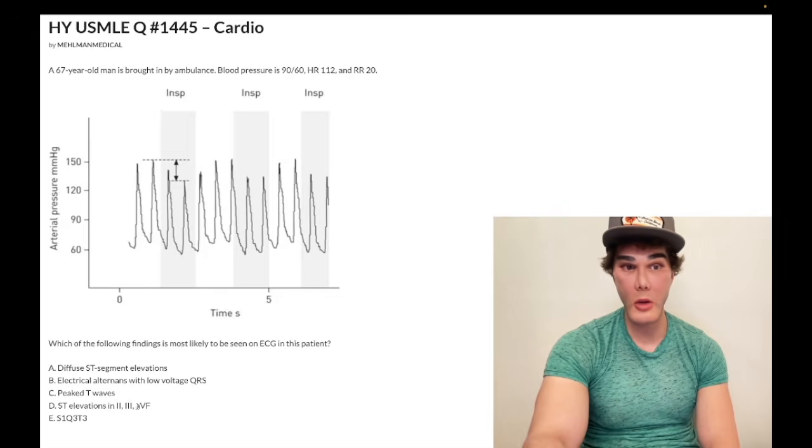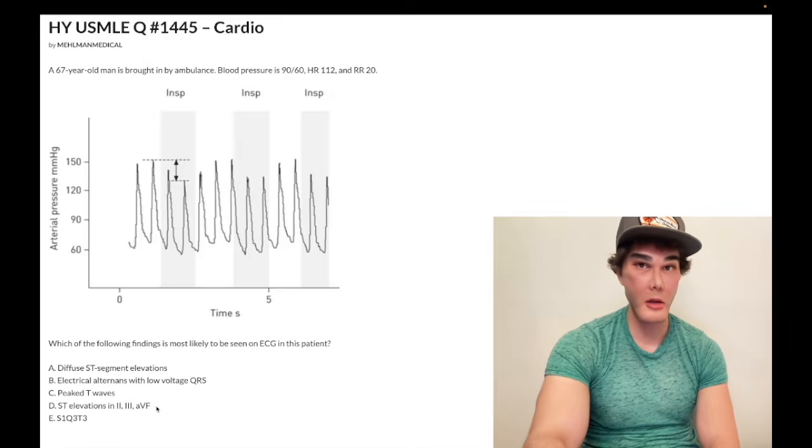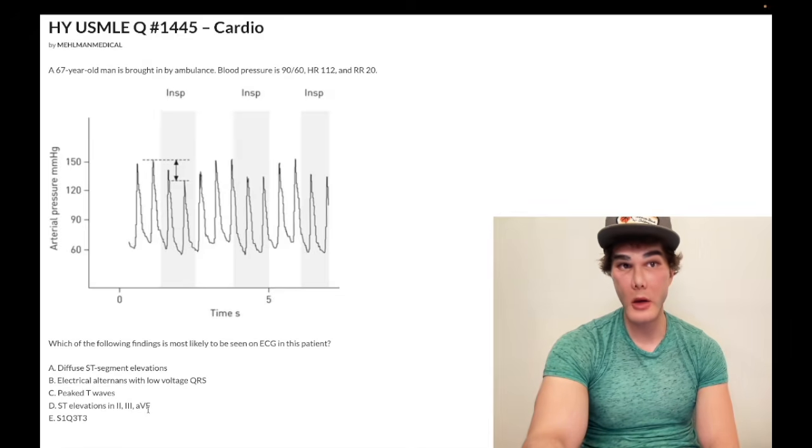Choice C, S1Q3T3, wrong fucking answer. Okay, it's an obscurity that apparently is highly specific for pulmonary embolism, but it's wrong on USMLE because the most common finding on ECG in pulmonary embolism is simply sinus tachycardia. Okay, so S1Q3T3, smaller percentage of PE cases, but students will jump on it. Okay, they'll memorize obscure stuff.